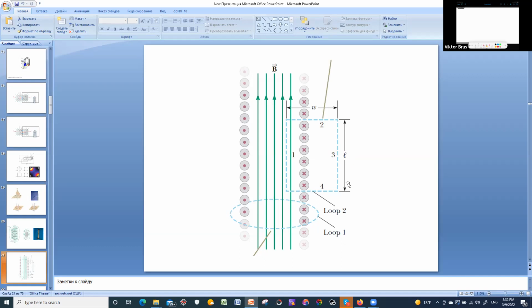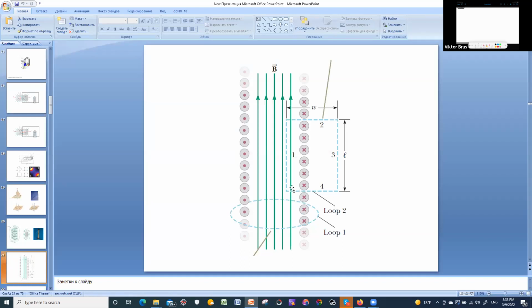So the length of this loop will be L and the width W. So now we can apply Ampere's law in order to determine magnetic field inside solenoid.